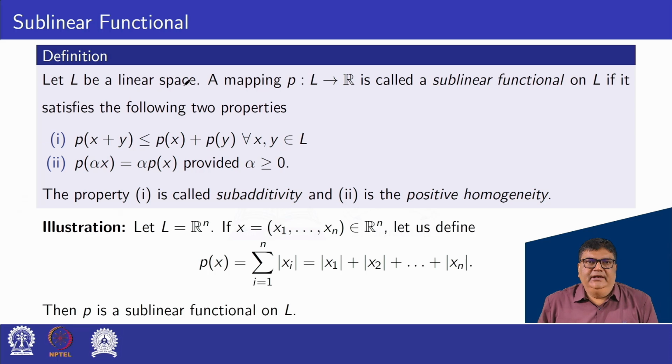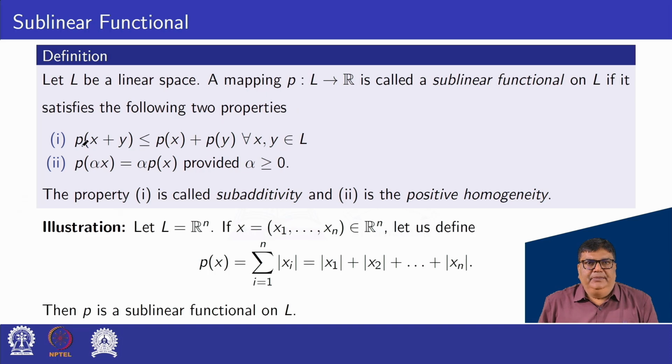Let L be a linear space. A mapping P from L to R is called a sublinear functional on L if it satisfies the following two properties.